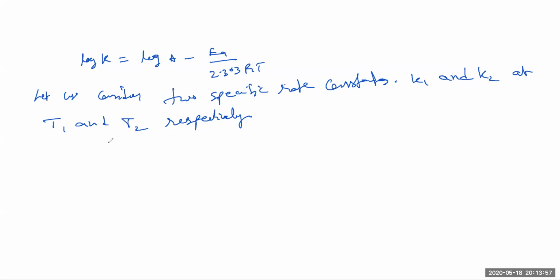Now, you can write like this. The first one: log of K1 is equal to log of A, which is a constant only, minus EA by 2.303 R into 1 by T1.